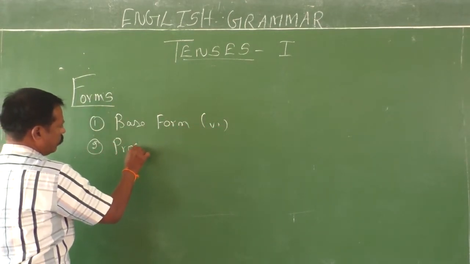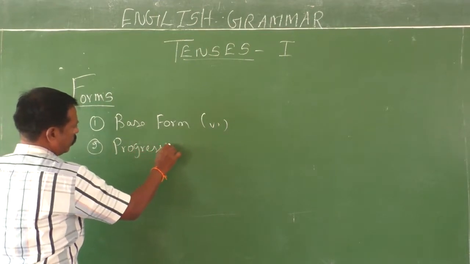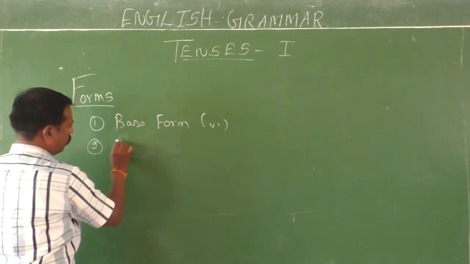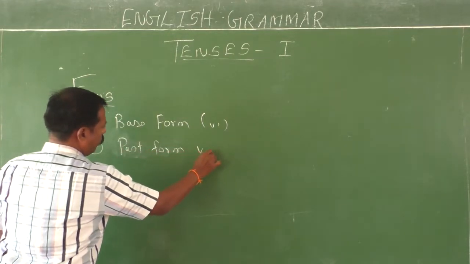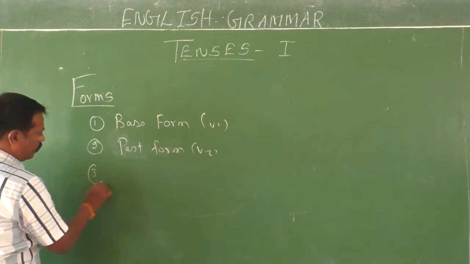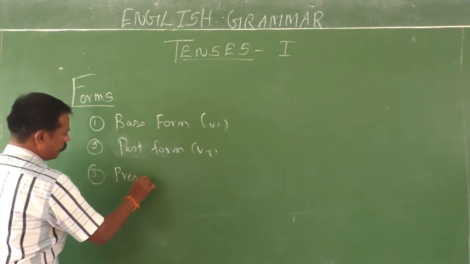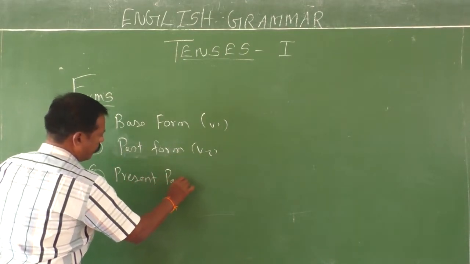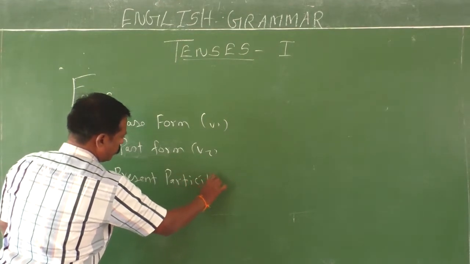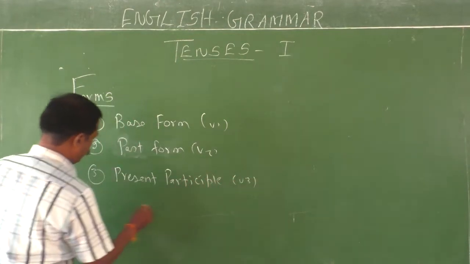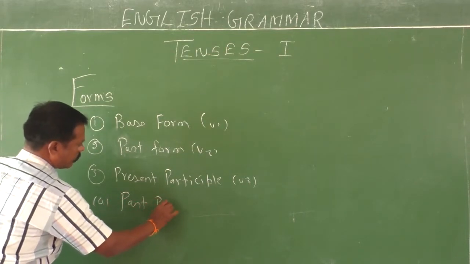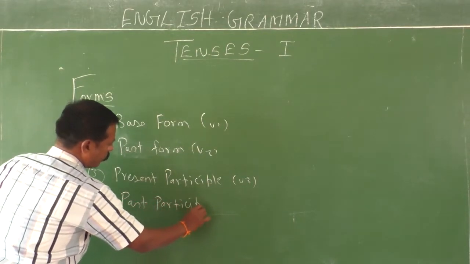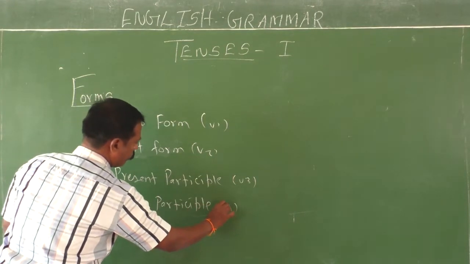Past form, this is called V2. Then present participle form, this is called V3. And the 4th form is past participle, V4.